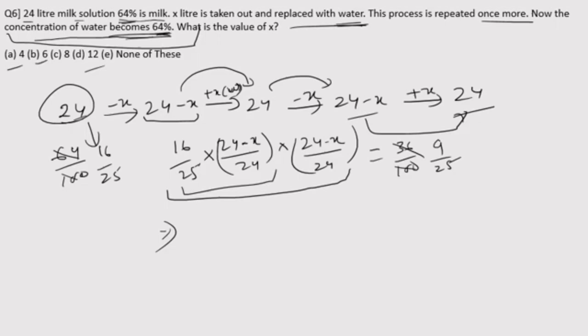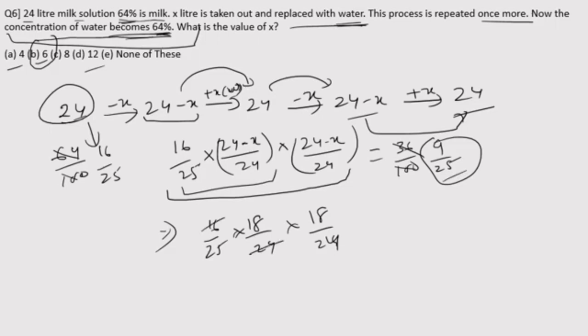If you put this value 6, then this becomes 16/25 into 18/24 into 18/24. Let me see if this is getting satisfied or not. If putting the value of x in LHS, am I getting 9/25 or not? Let's check. This is 16.